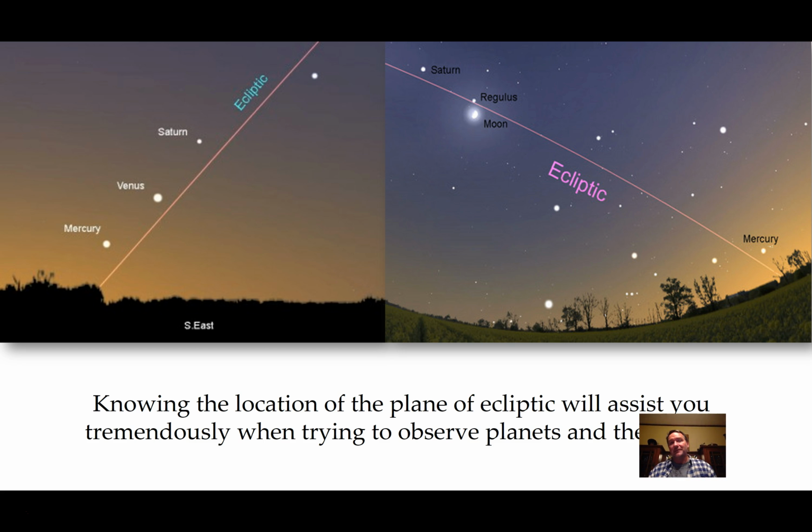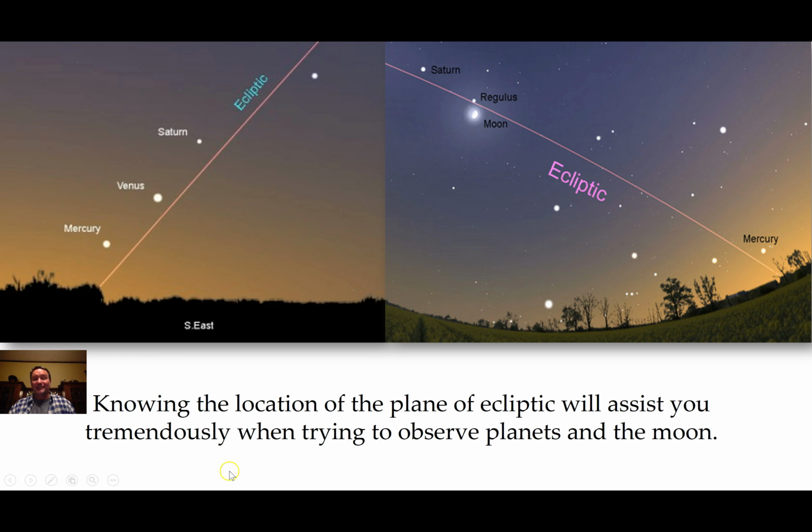Why is it such a big deal? Whenever you come out at night and start to see things in the night sky, I'll get you out there at dusk, because wherever you see the setting sun, you can trace a path across the sky, and it'll help you locate the plane of the ecliptic.